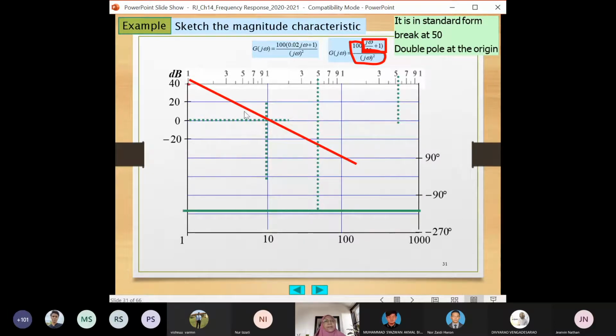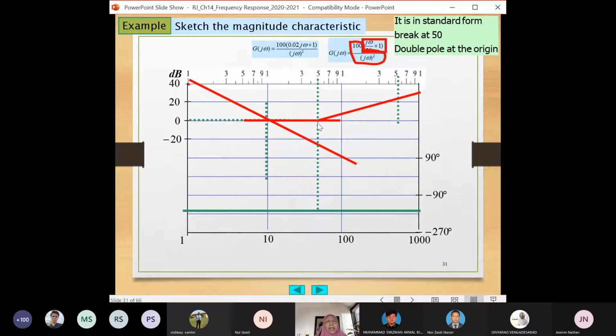And the K value gives you this line. It cuts at 40 when frequency is at 1. And this line from 10 to 50 is a straight line, and then rises by 20 dB per decade.